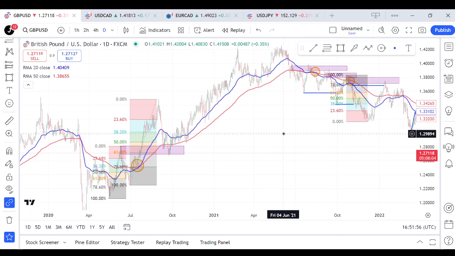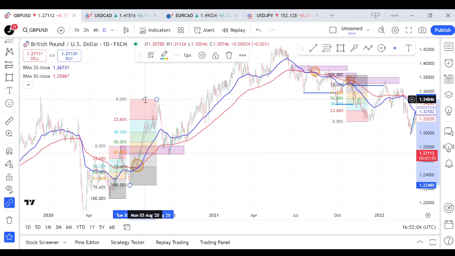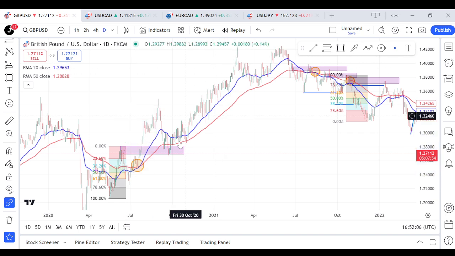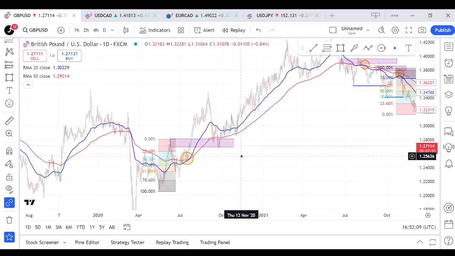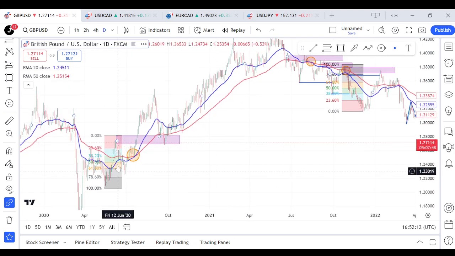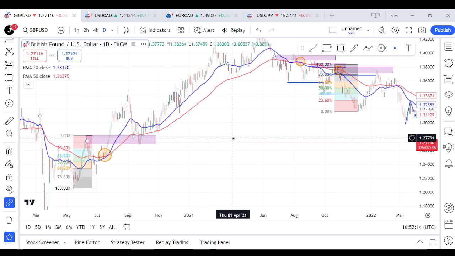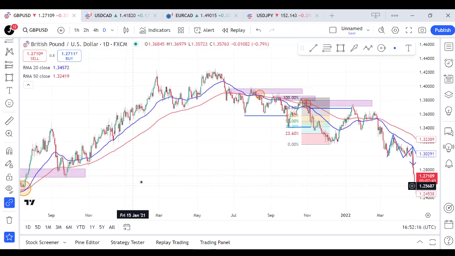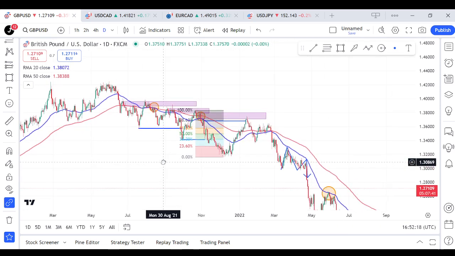Use it with support, resistance levels, other technical indicators like your RSI to pinpoint overbought and oversold conditions in the market. You can use it with your Fibonacci also, like we use the Fibonacci. I like to use the Fibonacci, and you can use it with several support and resistance levels.